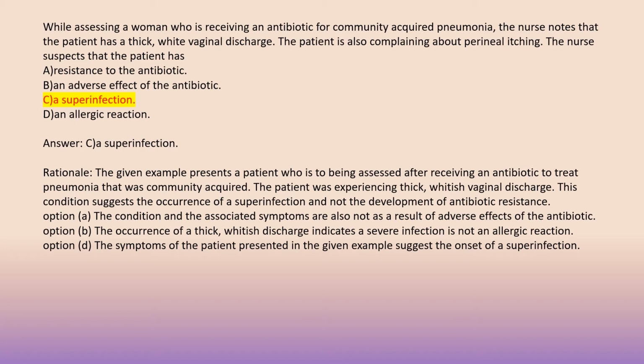Option A. The condition and the associated symptoms are also not a result of adverse effects of the antibiotic. Option B. The occurrence of a thick, whitish discharge indicates a superinfection, not an allergic reaction. Option D. The symptoms of the patient presented in the given example suggest the onset of a superinfection.